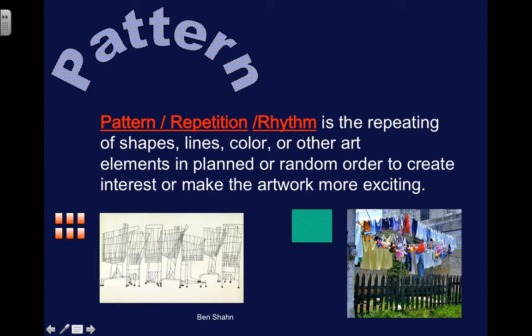You can look even at the way that they are draped at the top. All the clothes seem to have this draping effect that would create a pattern as well. So sometimes when we're looking at more of a random order, you have to really look at the image and study it before you can see the pattern or the repetition happening.